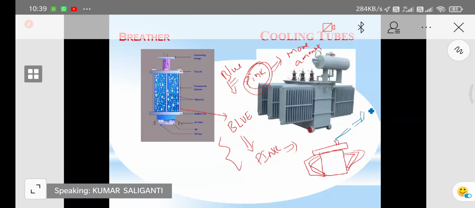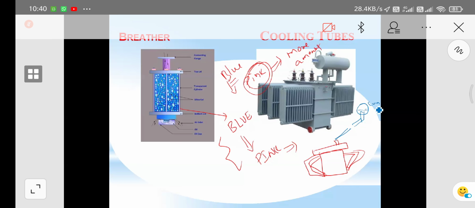Yeah, like that. So this is the oil level here. This is the conservator tank here. This is the Buchholz relay. Here, this is the transformer main tank.